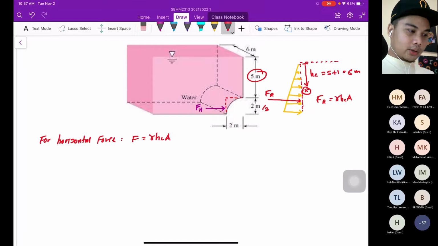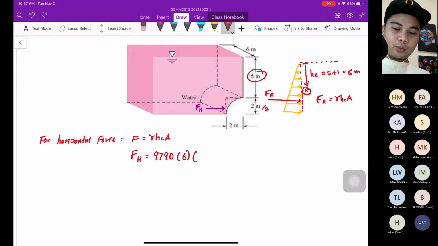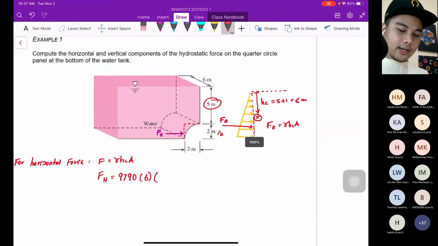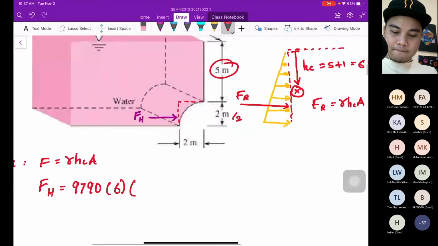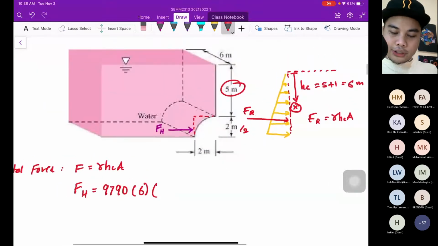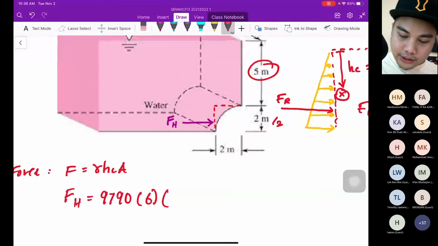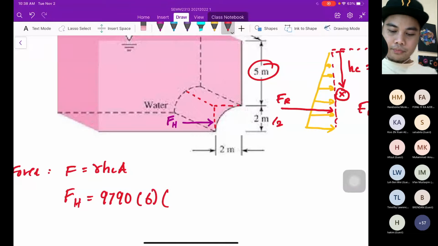Alright. So from here, FH equal to the gamma of water 9790, multiply with HC, which is 6, multiply with the area. What is the area? The area of the projection. This is your projection, must be 2 times 1.